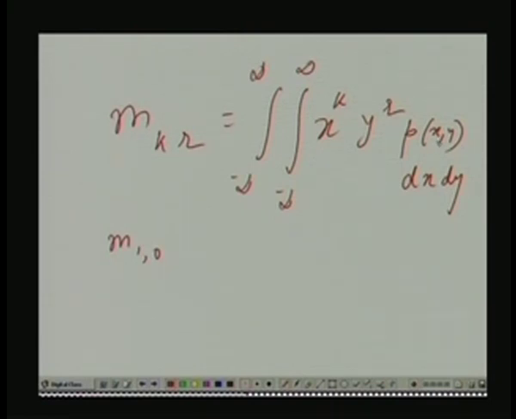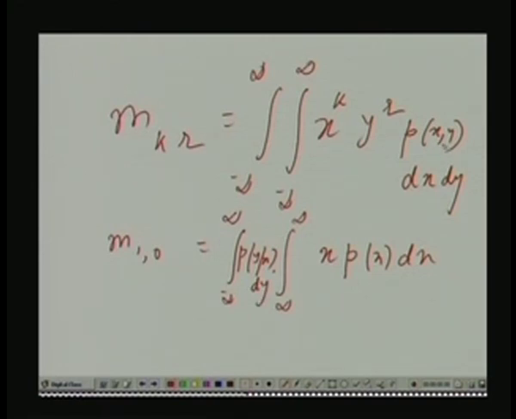And p(x,y) can be written as p(x) times p(y given x).